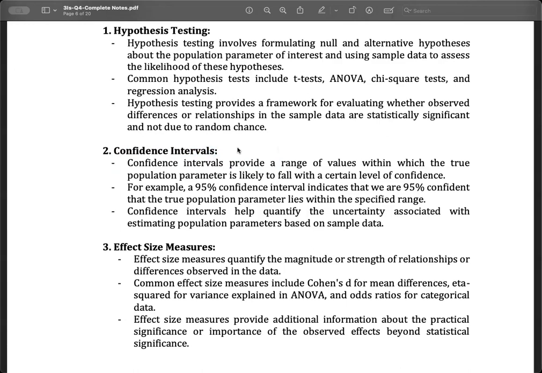So it's up to you how much confidence you're going to set in terms of the accuracy and the certainty of your results or of your analysis. It provides a range of values within which the true population parameter is likely to fall to a certain level of confidence. So that means if you have a 95% confidence interval, you are 95% confident that the true population parameter lies within the specified range.